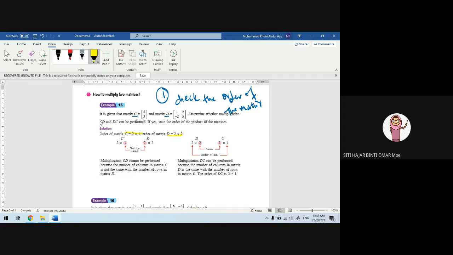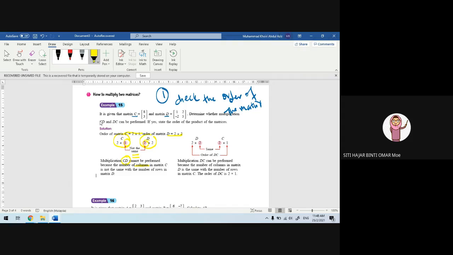Okay, so when we need to multiply C and D, make sure the second number is the same. This C is 2 by 1, this D is 2 by 2. 1 and 2 here is not the same. When not the same, the column in matrix is not the same. Okay, 1 and 2 is the column. The column of the matrix is not the same. So we cannot perform the multiplication.